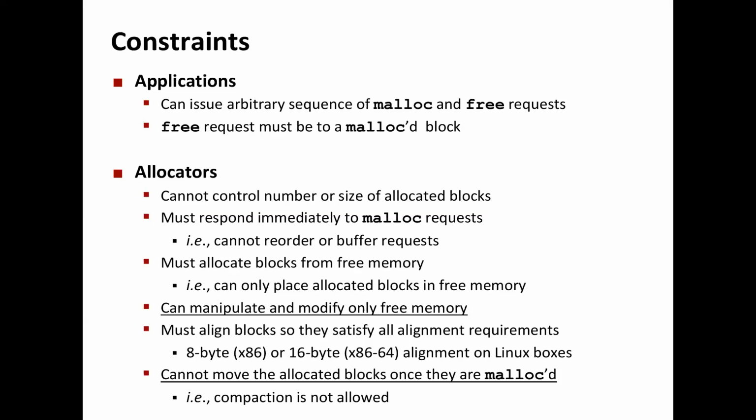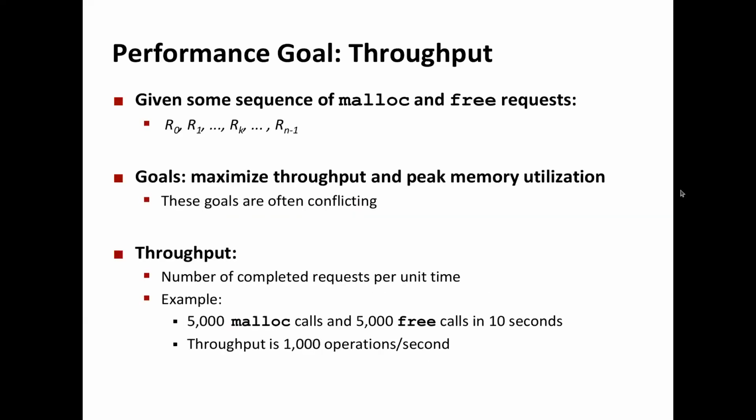So let's look at specific goals that we want to achieve. Clearly, one of these goals is a performance goal. We want to make sure that malloc is as fast as possible.